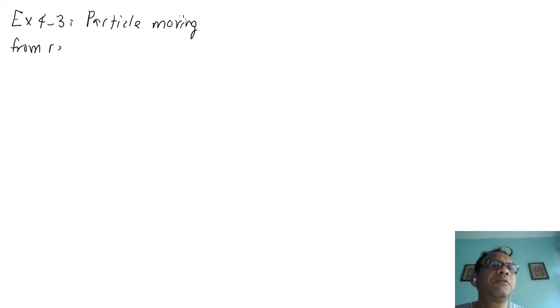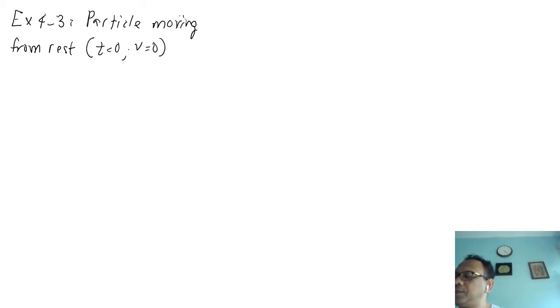If it is moving from rest, what do we know? At t equals 0, the velocity equals 0. It increases in speed such that it gives us the tangential component at equals 0.2 t meter per second square.